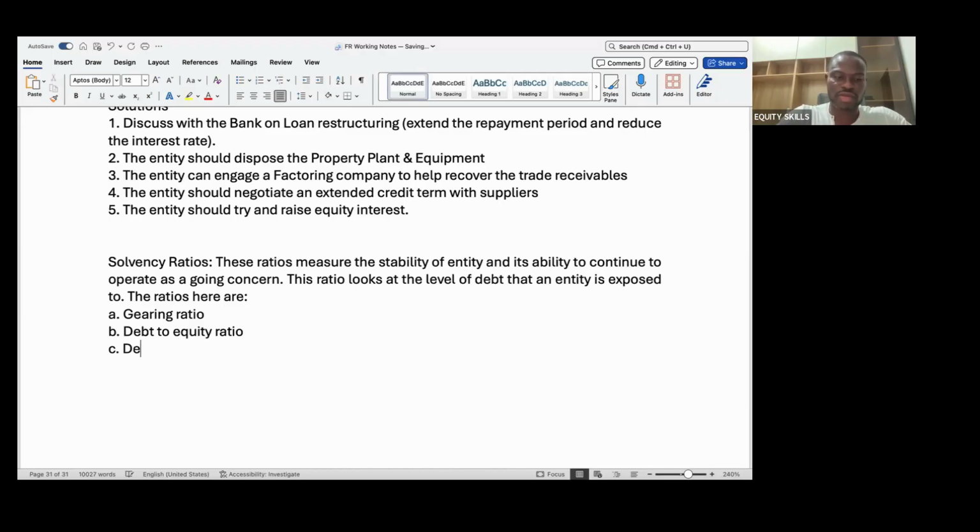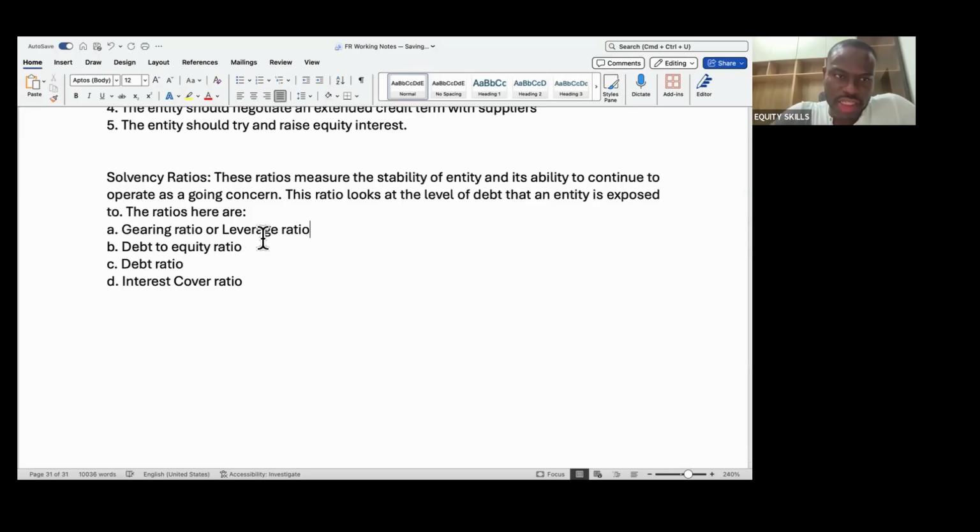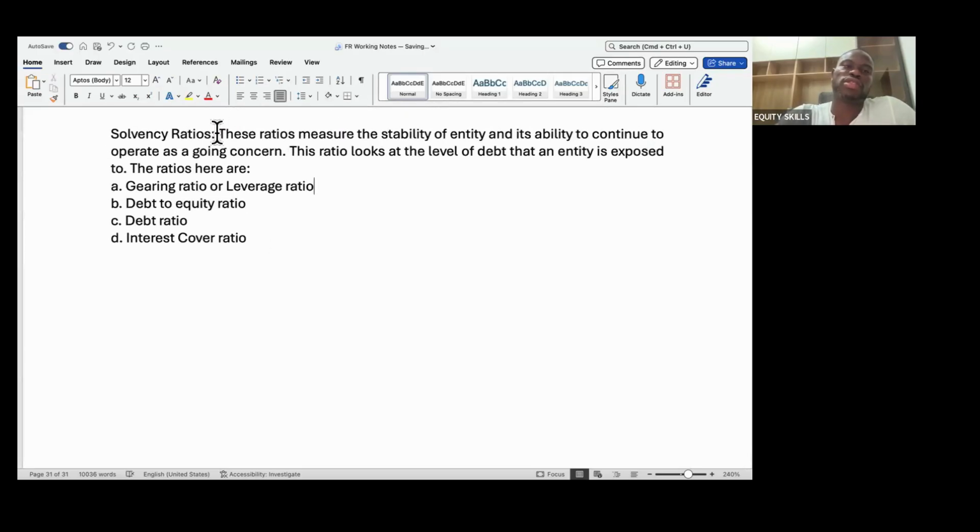We can have the debt ratio in itself. Then we can have the interest cover ratio. Sometimes they call this the leverage ratio. So these are the solvency ratios that we have.